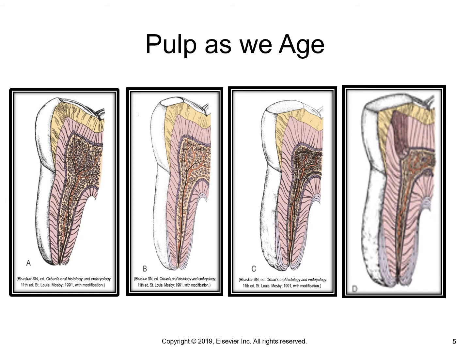And something to think about is as we age. If you look at A, you can see how large that pulp chamber is and how vital, and how many nutrient canals and nerve tracts and everything that we see there. As we get older, you can see that the amount of dentin gets greater. You could also look at the cusp tips and see that the tooth is wearing down.